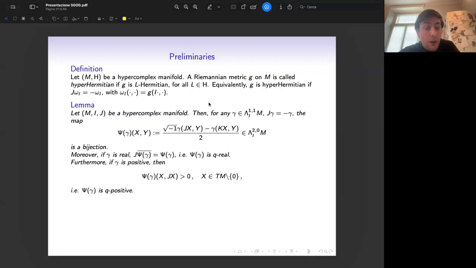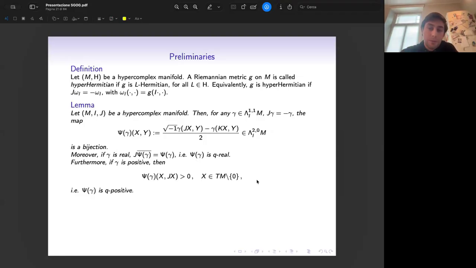And finally, if we assume that gamma is positive, in the sense of being the fundamental form of a Hermitian metric, what we obtain is a Q-positive (2,0)-form. Namely, this relation has to be satisfied for any x non-zero.